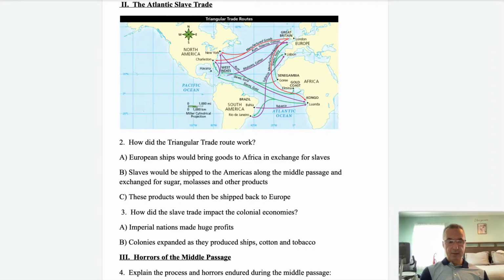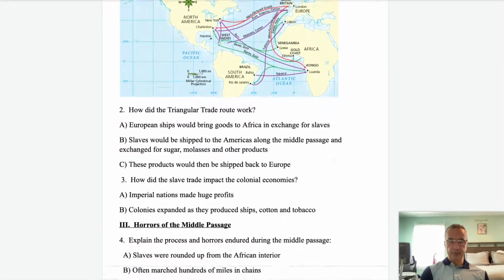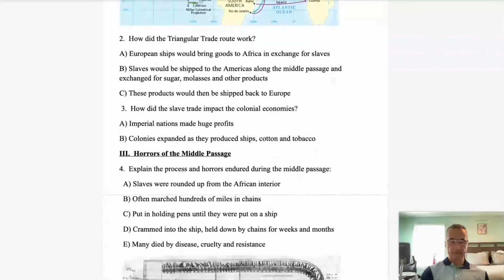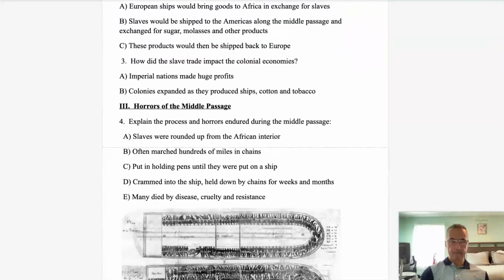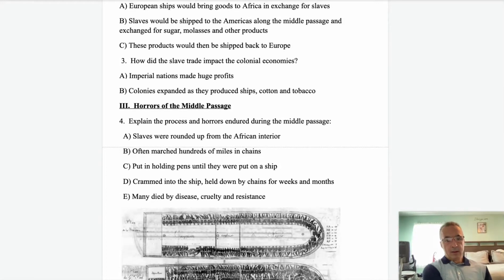So 4, explain the process and horrors endured during the Middle Passage. Slaves were rounded up from the African interior, often marched hundreds of miles in chains. They were put into holding pens until they were put onto a ship.